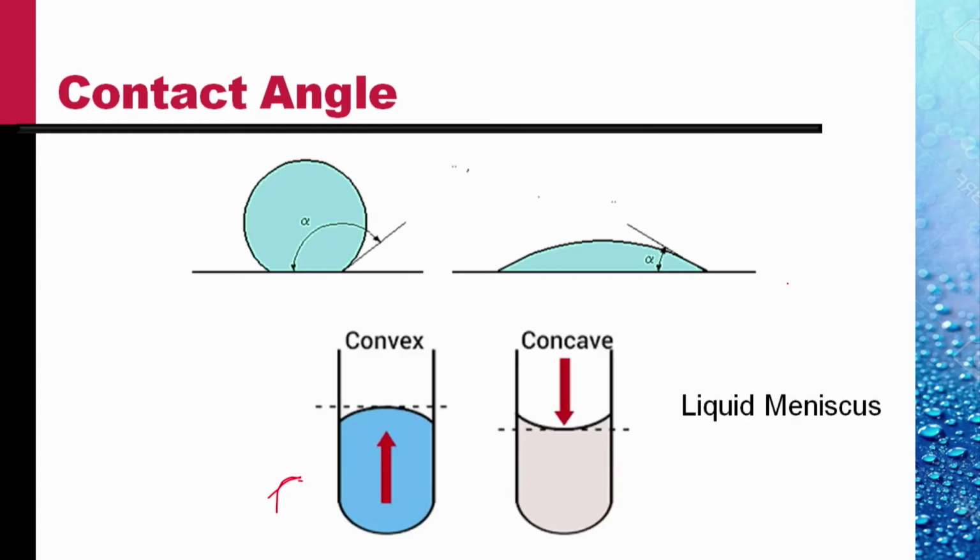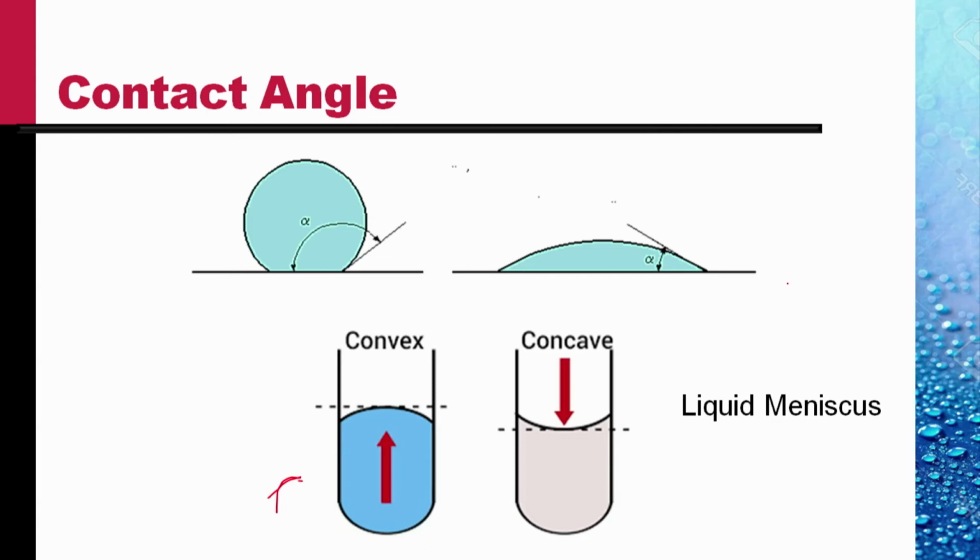This wetting results in liquid meniscus as shown. On the left is a fluid like mercury, which does not wet the tube material, and so we have a convex meniscus. On the right is a liquid that wets the wall of the tube, so we have a concave meniscus.